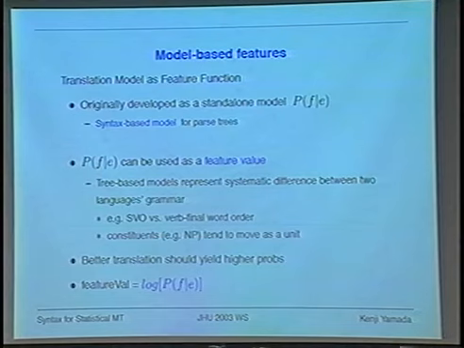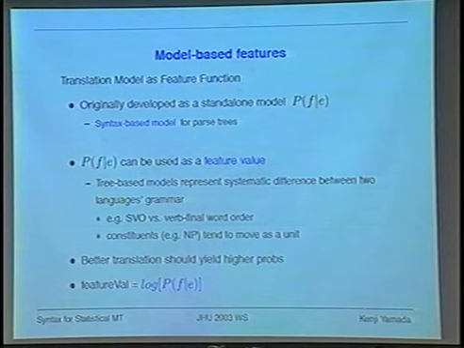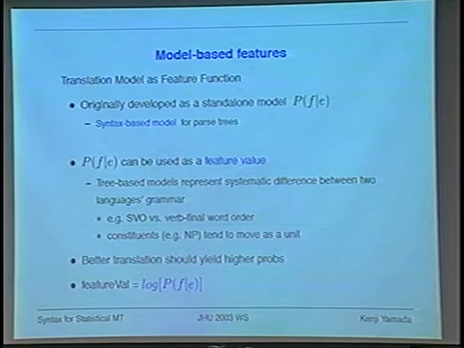So we hope that this model probability will give more idea whether the translation pair is, in a grammatical sense, a good sentence, and then it will give a higher probability. So what we did was apply the syntax-based model and calculate the model probability, and that probability is used as a feature value.